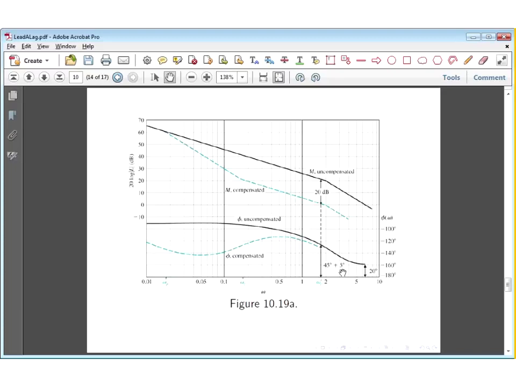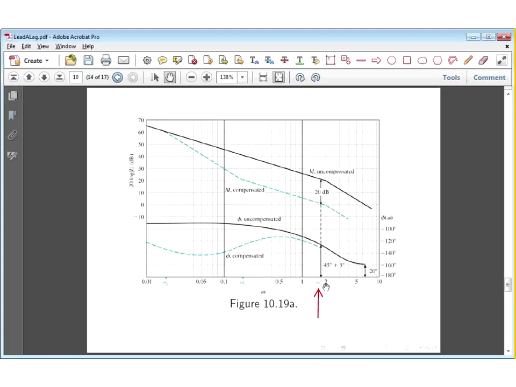We add 5 degrees to that to account for the reduction in phase caused by the compensator's zero 1 decade away from omega c. And then we ask the question, at what frequency will my phase margin be 50 degrees, if I look at just the phase curve of the uncompensated system. And so from that, I then determine, according to the procedure, my frequency omega sub c accent.